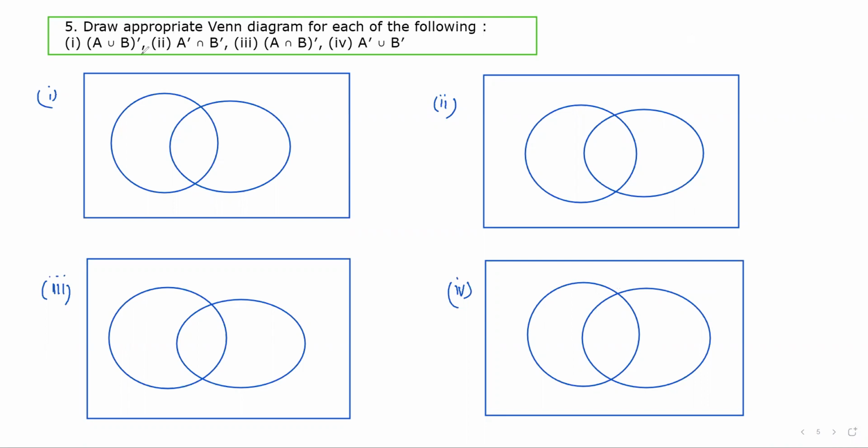A union B whole complement. We should be only shading the final answer over here. First, let's see what is A union B. We know that A union B would be A united with B. Let's name them. This is your A, B, universal set. Again, A, B, and universal set.